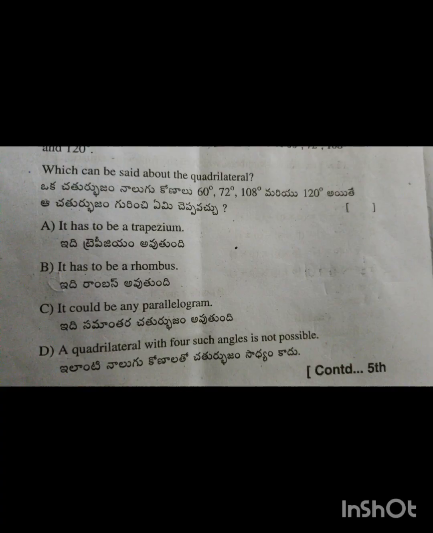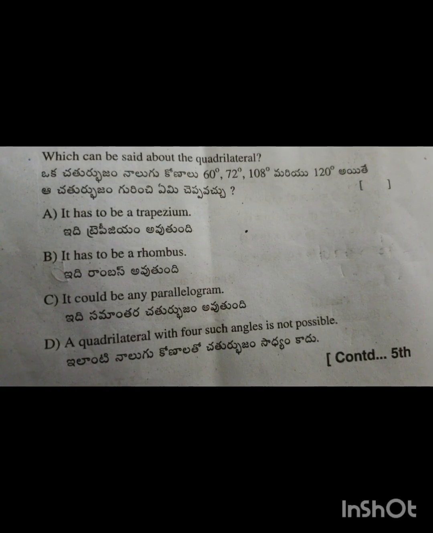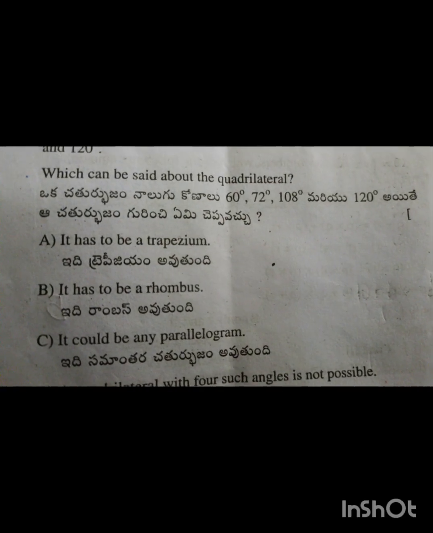So first one, it has to be a trapezium. Suppose we look at a trapezium. Let's draw a trapezium with all different angles. Here one condition is there in a trapezium: these two lines are parallel.